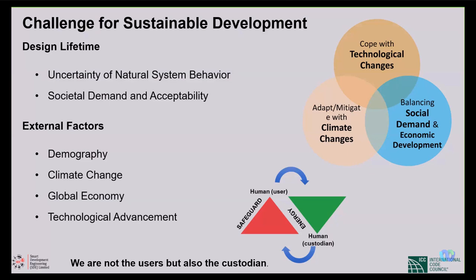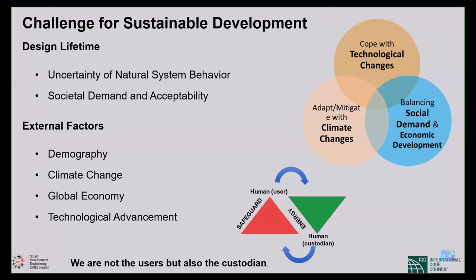This is important. The uncertainty from external factors is mainly due to demography. A lot of development is happening in Dhaka city, and people start migrating to Dhaka for better opportunities to support their life and livelihood. Then the second category is climate change.